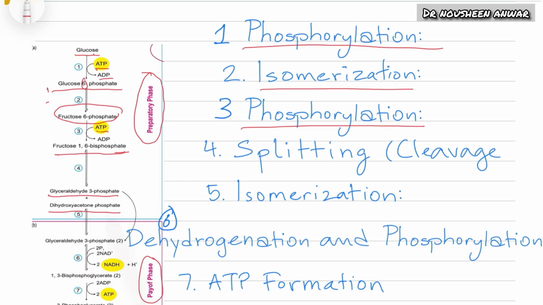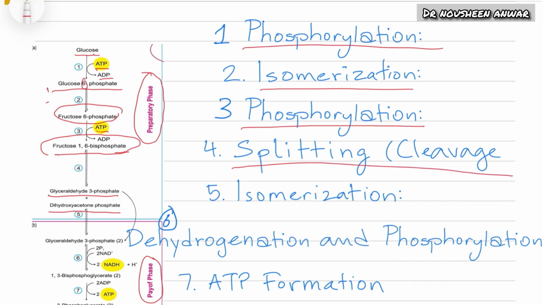These two molecules have the same formula, but they are different molecules structure-wise, because of the attachment of hydrogen and carbon. That's why they are called dihydroxyacetone phosphate and glyceraldehyde 3-phosphate. This is called splitting, because the fructose 1,6-bisphosphate splits. So this is called splitting or cleavage.